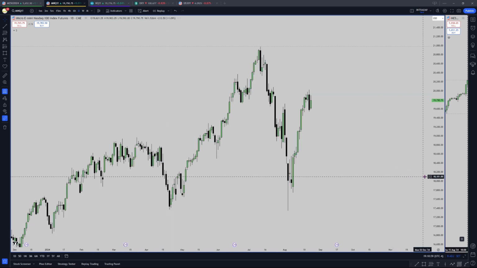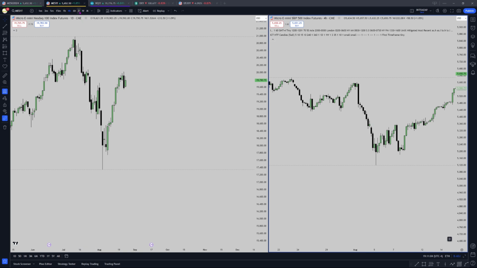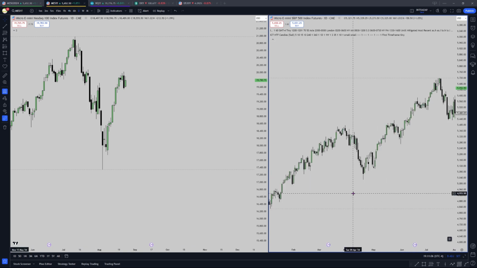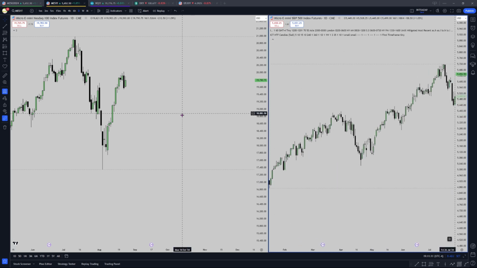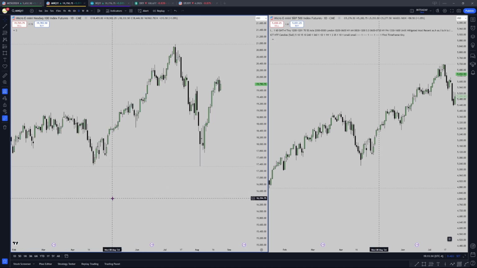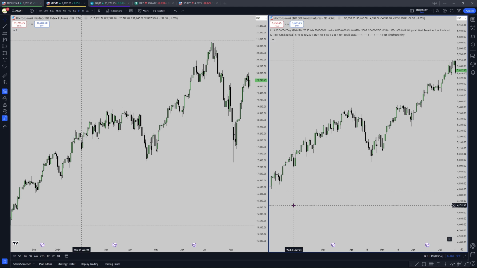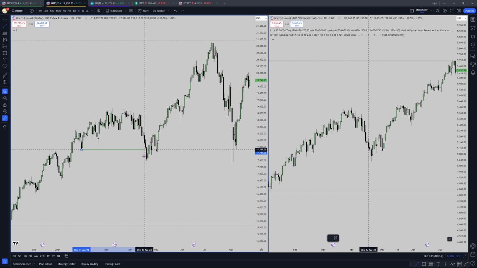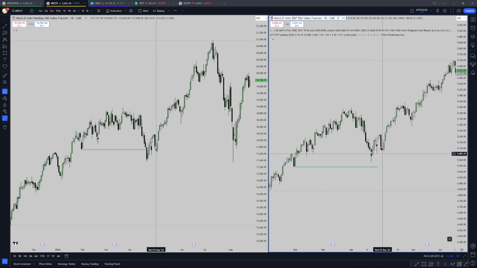SMT is pretty much a broken correlation between two highly correlated assets. An example would be the S&P or ES and the Nasdaq NQ. SMT is divergence. You see on January 31st how Nasdaq pushed below this low, while on the right side ES didn't. This is a broken correlation between two correlated assets.